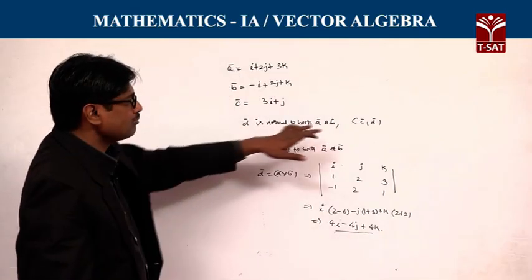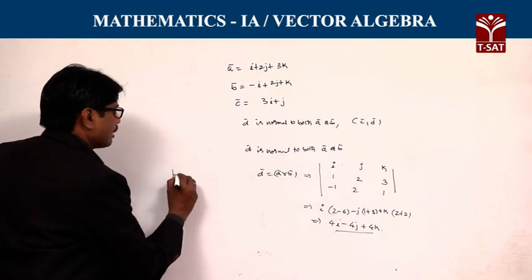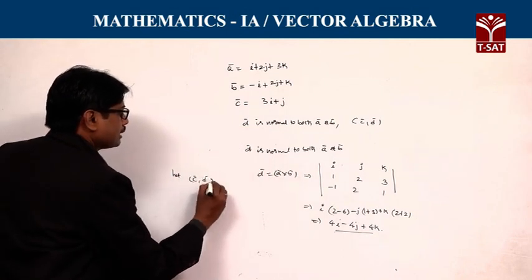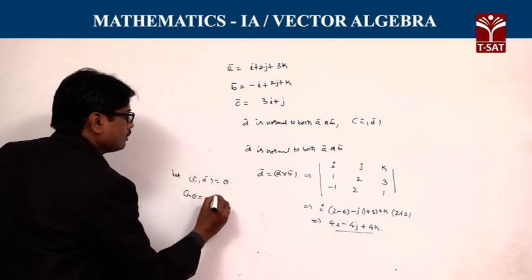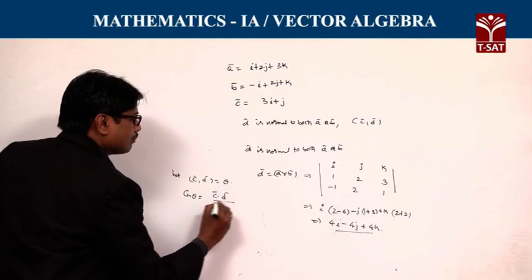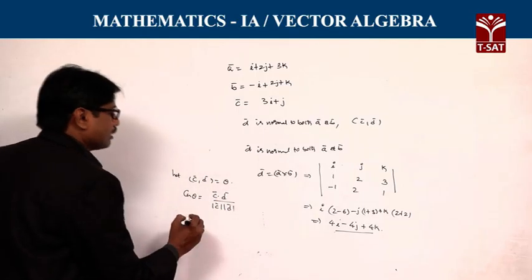Now you are supposed to find the angle between c bar and d bar. Let the angle between c bar and d bar be theta. So cos theta is equal to c bar dot d bar divided by mod of c bar into mod of d bar. So calculate c bar dot d bar.